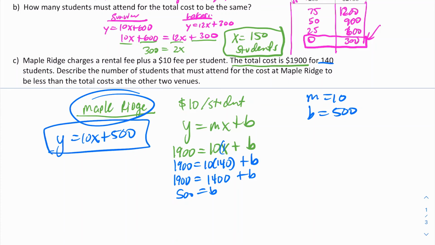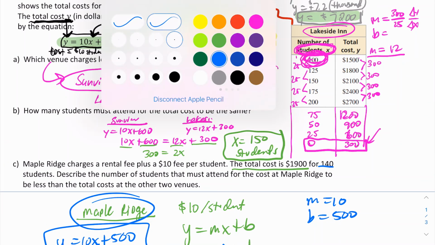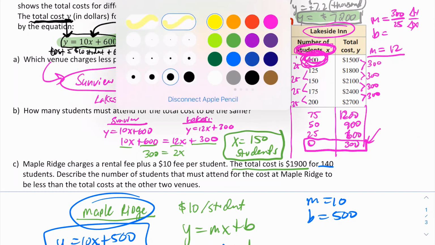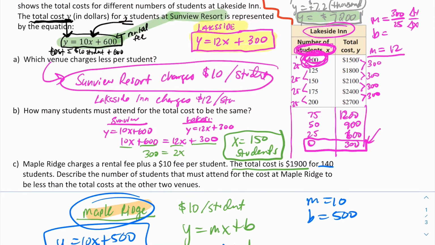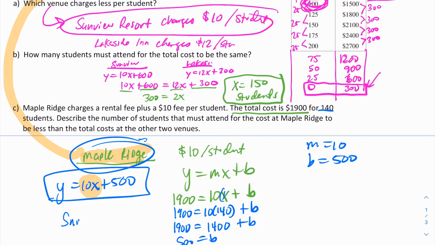So it charges exactly the same amount per student as, let me find a different highlighter, Maple Ridge charges $10 a student, which is the same as the Sunview Resort. But the Sunview Resort has a higher rental fee, $600. So the Sunview Resort is definitely more expensive than Maple Ridge, because Sunview is equal to $10 a student plus $600, and Maple Ridge is $10 a student plus $500.